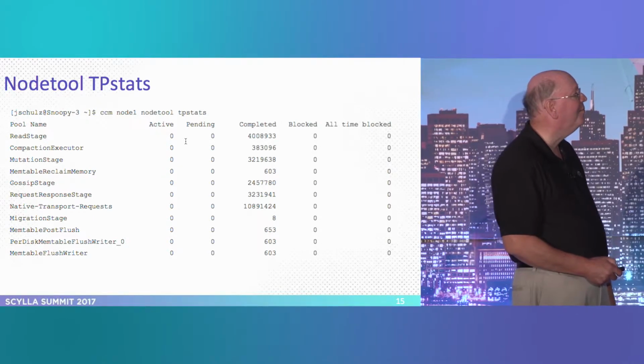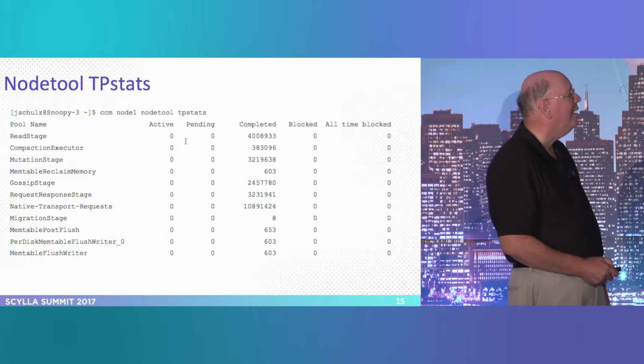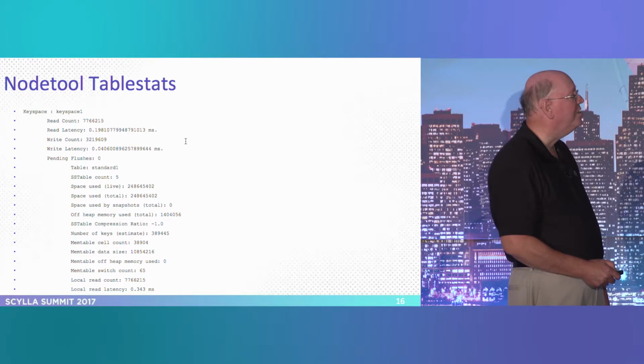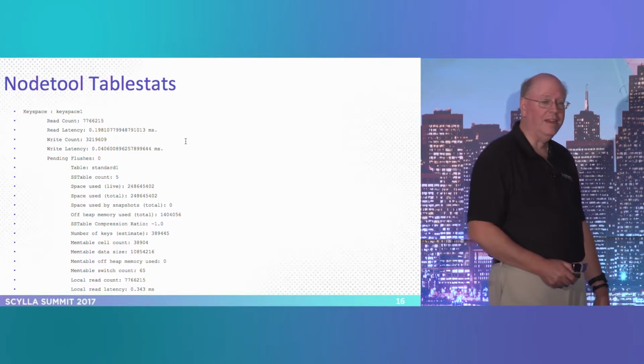Let's see here. Pending flushes, 0. The table name, SSTable count, this one has 5 now. Space used live, which is basically, in this particular case, they're the same. Space used by snapshots, I didn't do any snapshots. It's important to keep track of that.